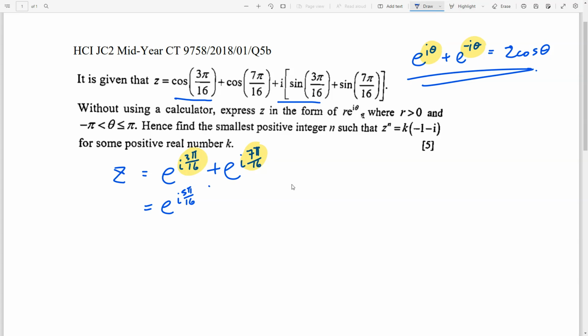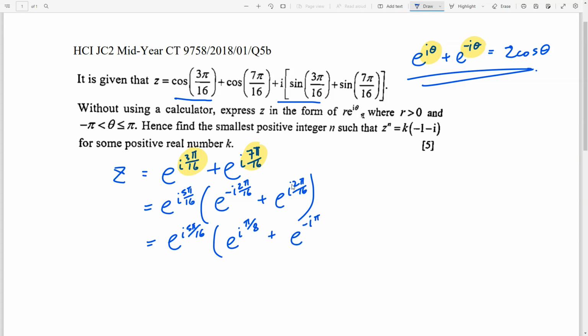7 plus 3 is 10, divided by 2 is 5. So e^(i5π/16), open bracket, you're left with e^(-i2π/16) plus e^(i2π/16), which simplifies to e^(i5π/16) times e^(iπ/8) plus e^(-iπ/8).